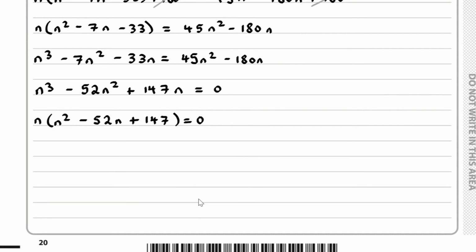And if I factorize this, I have n times n minus 49 times n minus 3 equals 0. n is either equal to 0, 49 or 3.